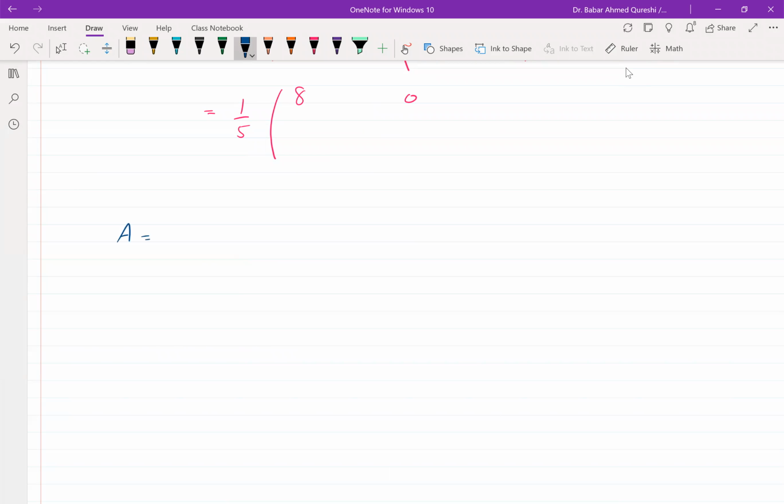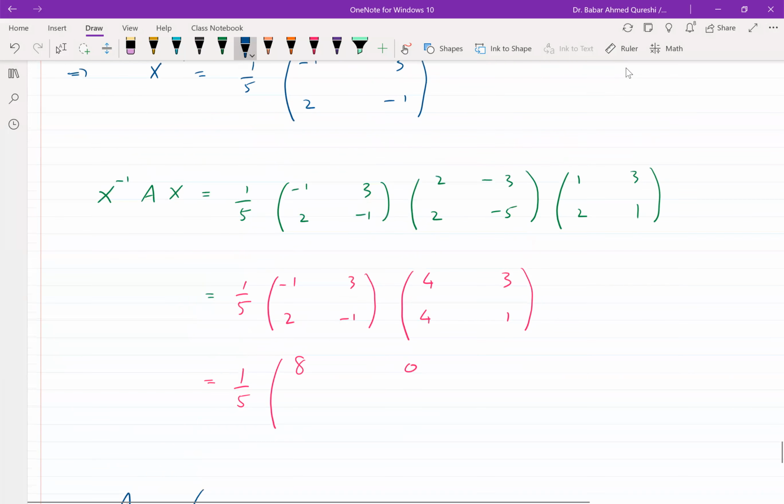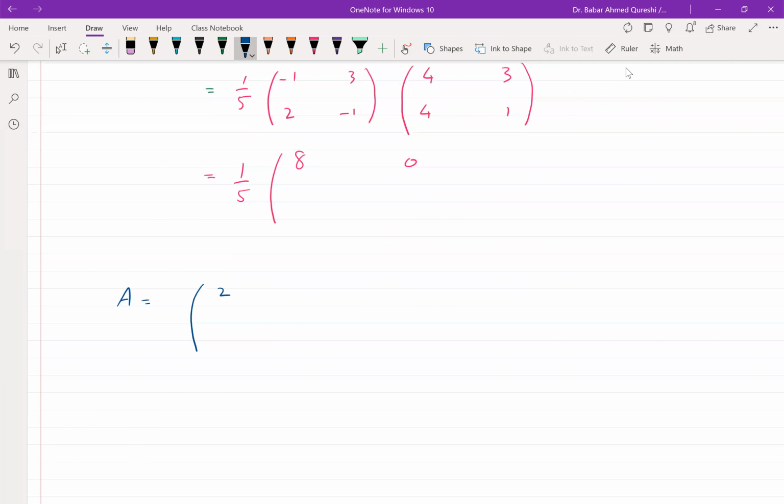This is A, 2, minus 3, 2, minus 5. This should be equal to the x inverse here and the eigenvalues, which are 1, minus 4, 0, 0, and x coming over here.